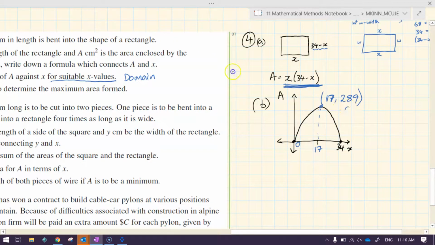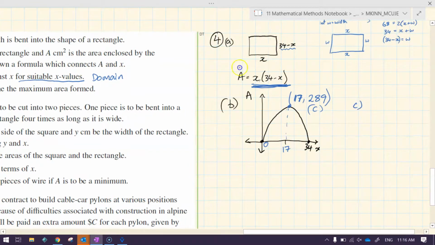If you were using your calculator, how would you find those values? G-solve, yeah, maximum. It's a maximum value. It's going to tell me the coordinates of the maximum. So be aware, you can use all of those things at your disposal. I still need to answer the question.